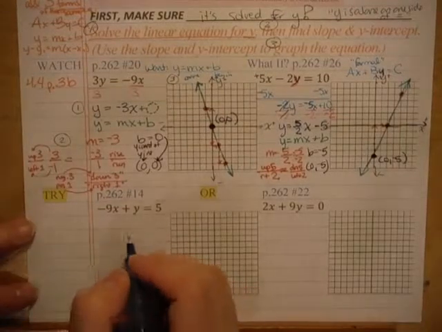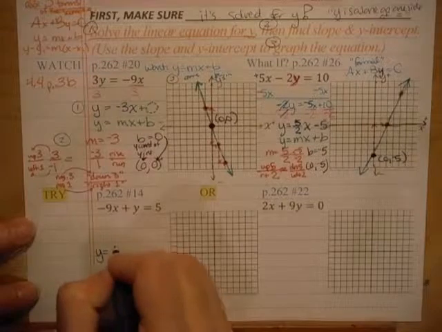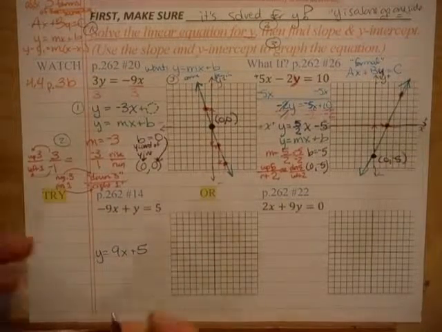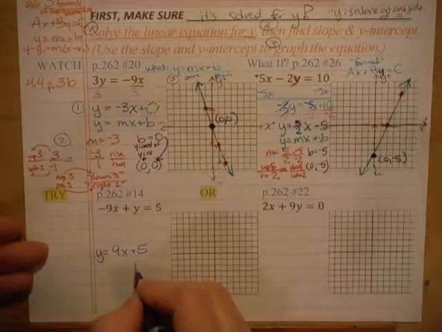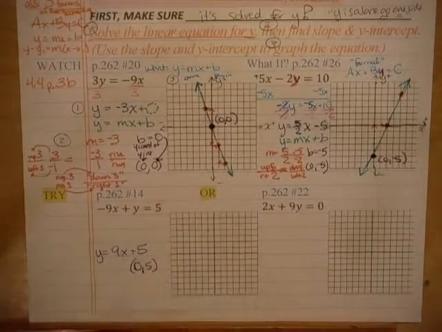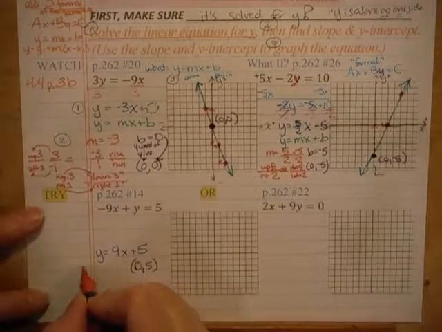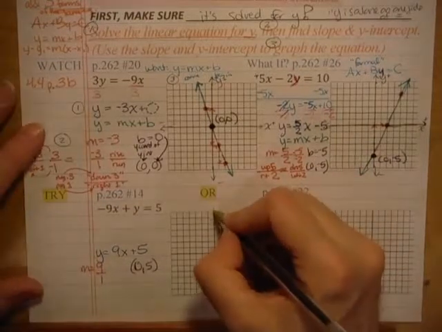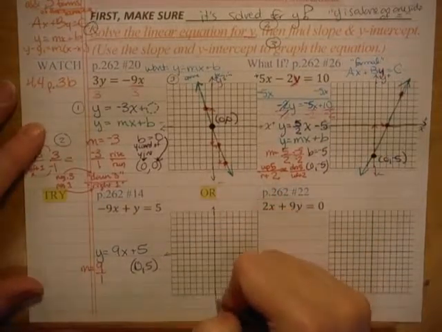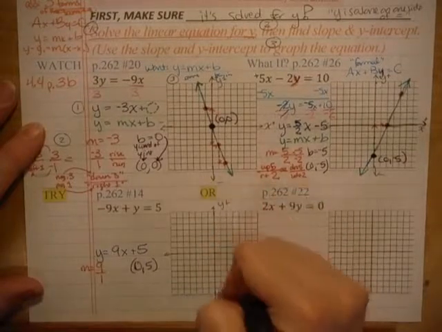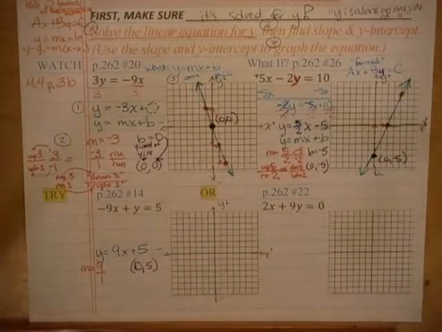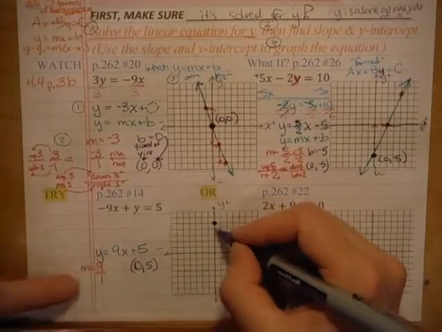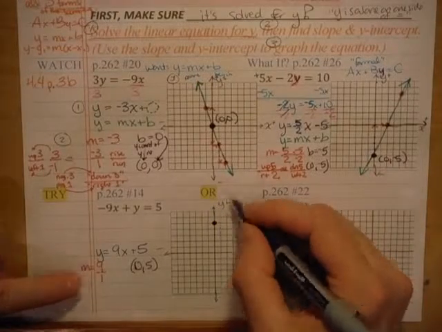Okay, on number 14, when you rearrange this, you should get y is equal to 9x plus 5. That will give you a y-intercept of 0, 5. It will give you a slope of 9, or 9 over 1. And when you graph it, when I graph the 0, 5, I discovered that my up 9 to the right 1 takes me way off the grid.